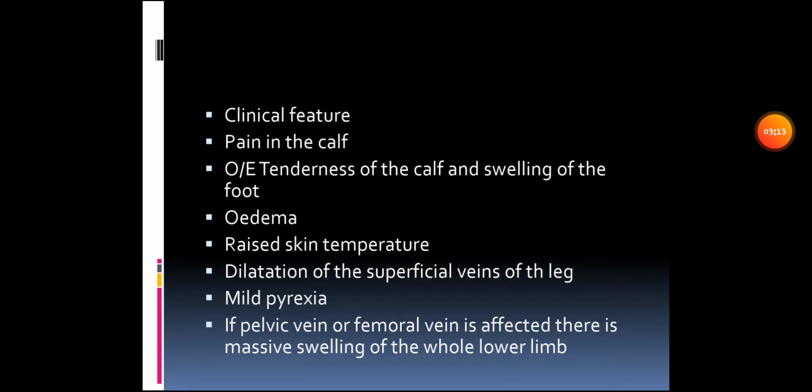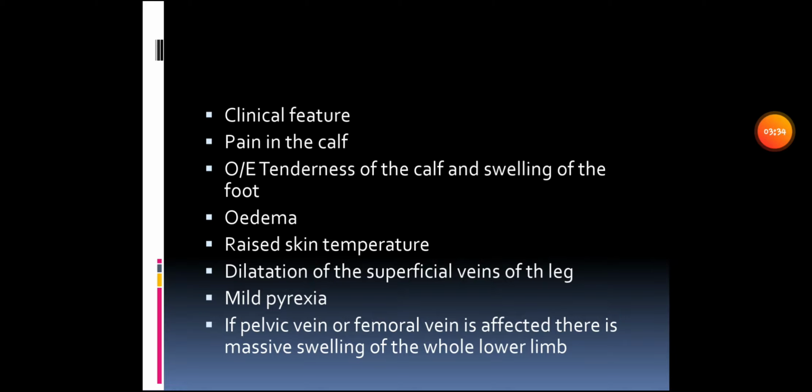So what are the clinical features of DVT? There will be pain in the calf. On examination, there will be tenderness of the calf and swelling of the foot. There will be edema, raised skin temperature, dilatation of the superficial veins of the leg, and mild pyrexia.